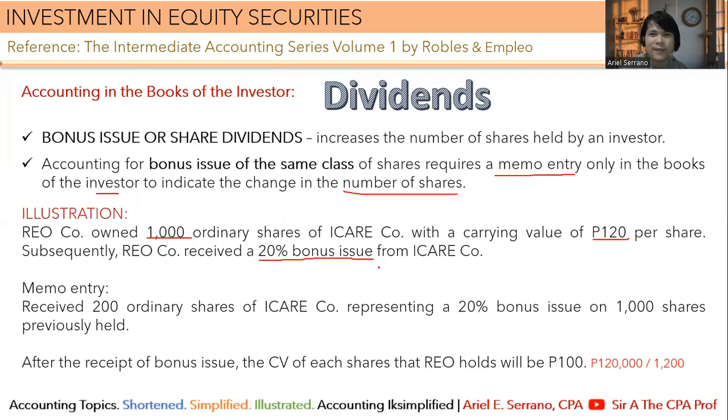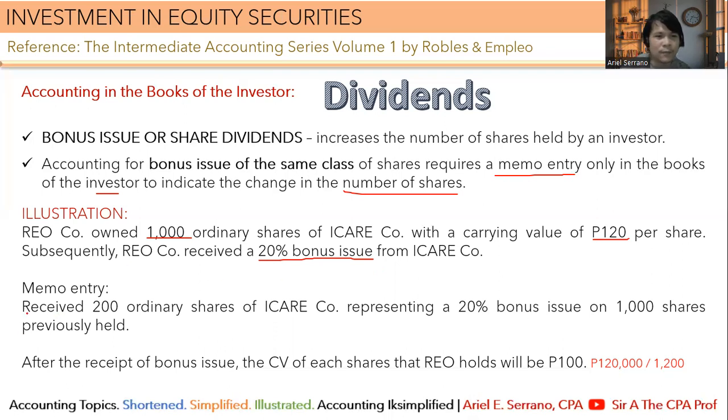Because our recognition in debiting retained earnings is based on fair value. We will not discuss that here, as that is a topic of another accounting subject. Here we are at the point of view of the investor, so on the investor side, we just make a memorandum entry.